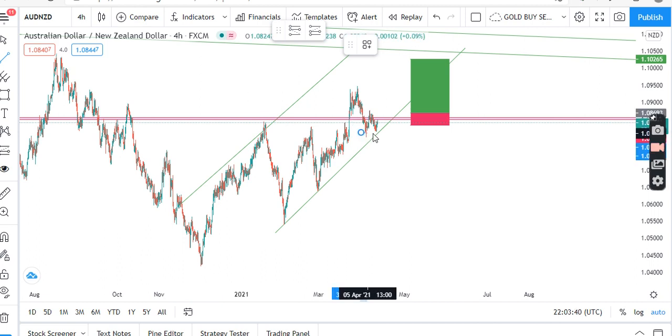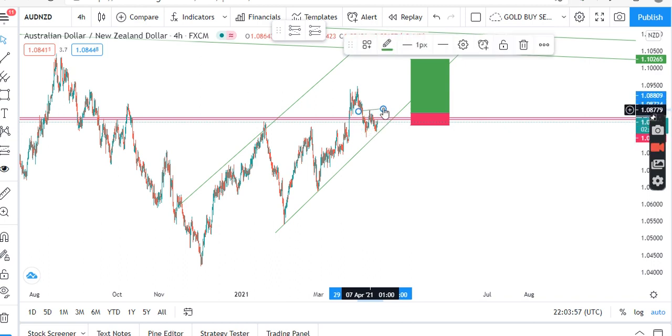So we have a double bottom here. Can you see it? And we have another double bottom, another neckline. So we have this here, right? That's our neckline there.